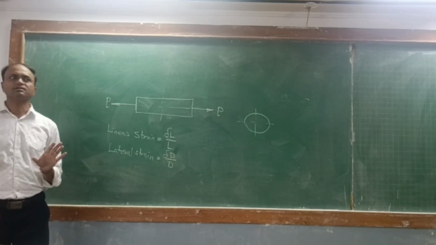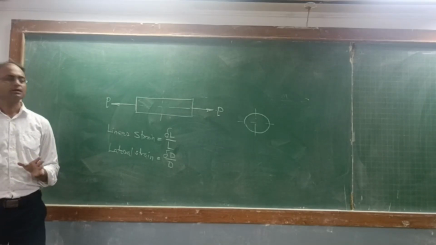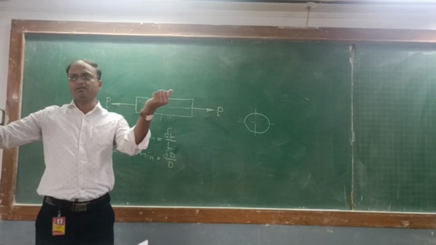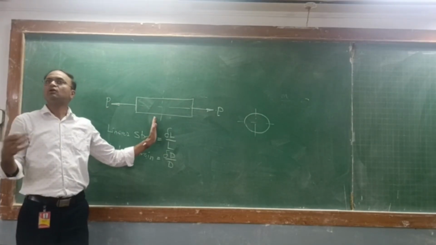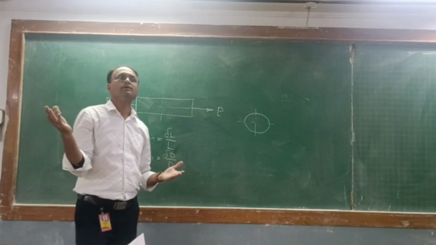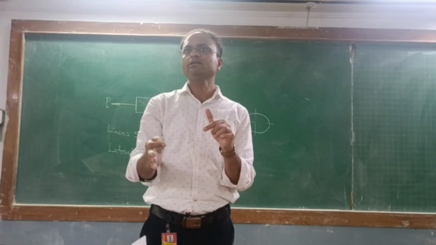Have you understood the concept? Linear strain and lateral strain. Why linear? Because the dimension is changing along the linear axis. Okay? While the diameter is also changing along the lateral axis. What do we call the one perpendicular to linear? Lateral. Linear and lateral. Is it clear?